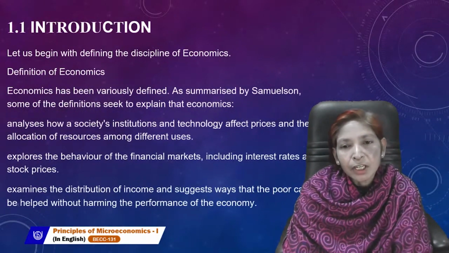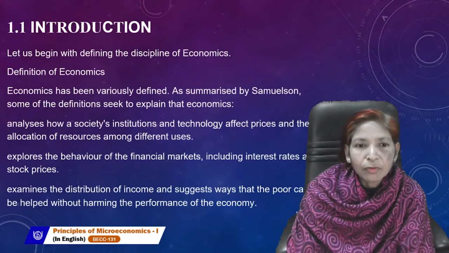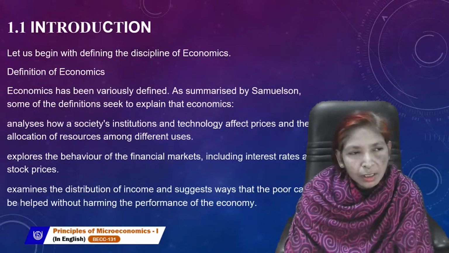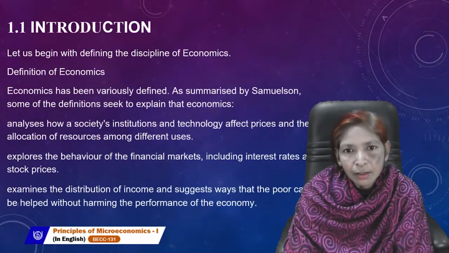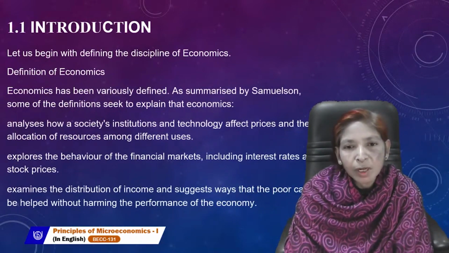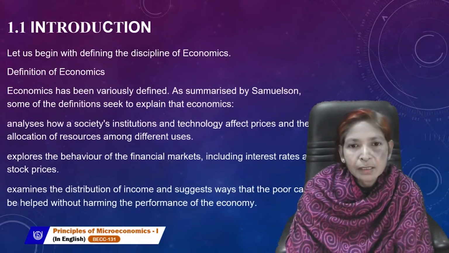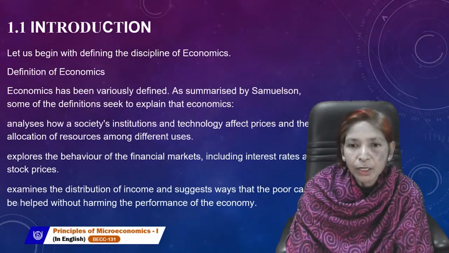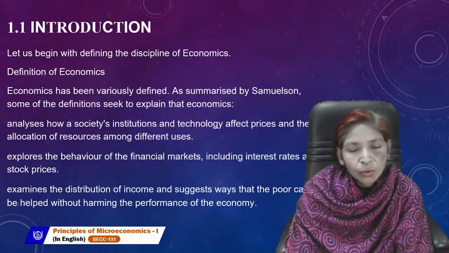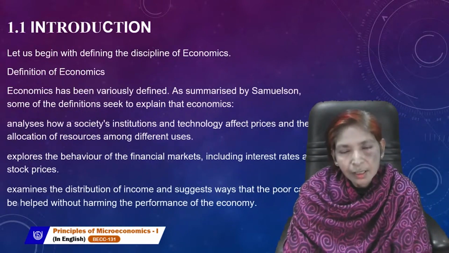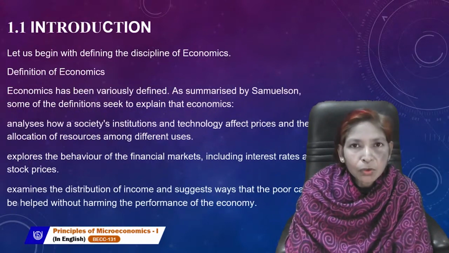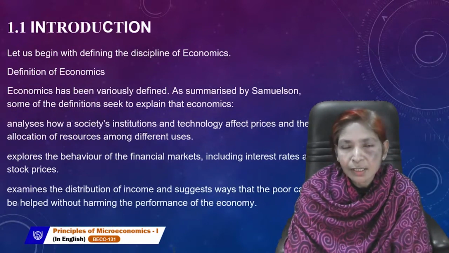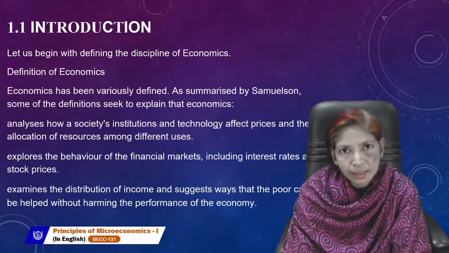These definitions explain what economics is. Generally, economics is a science which is related to human beings. In human beings, we include consumers and producers: consumers who consume goods and services, and producers who produce goods and services for the satisfaction of consumers.